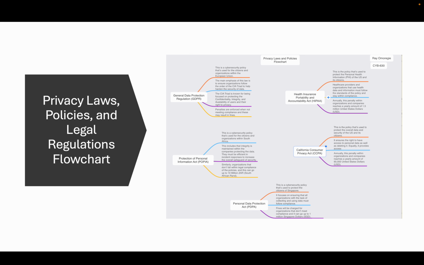Some are in Singapore, some are in South Africa. Those two don't really apply to us, but the top three, GDPR, HIPAA, and CCPA, can be applied to the United States. This is very important because following these laws and regulations is important to stay within compliance and also make sure that it provides a fair opportunity for everyone.